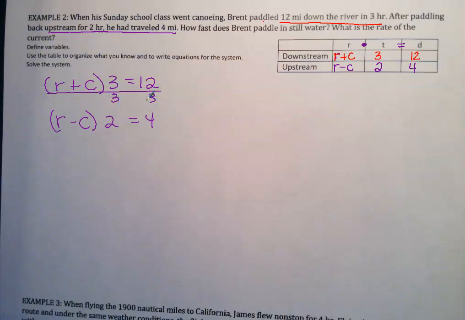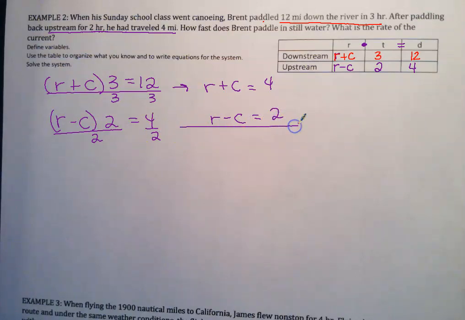This would become R plus C equals, what's 12 divided by 3? 4. What would I do on this one when I have to distribute a 2? I could divide by 2. So we can work around that a little bit. R minus C equals 2.